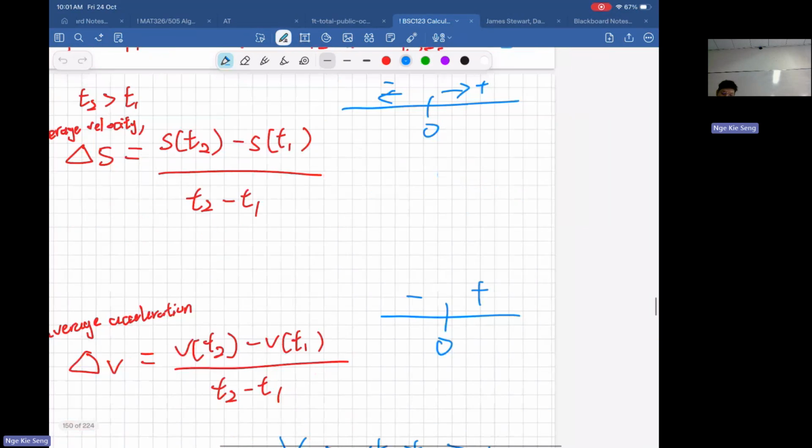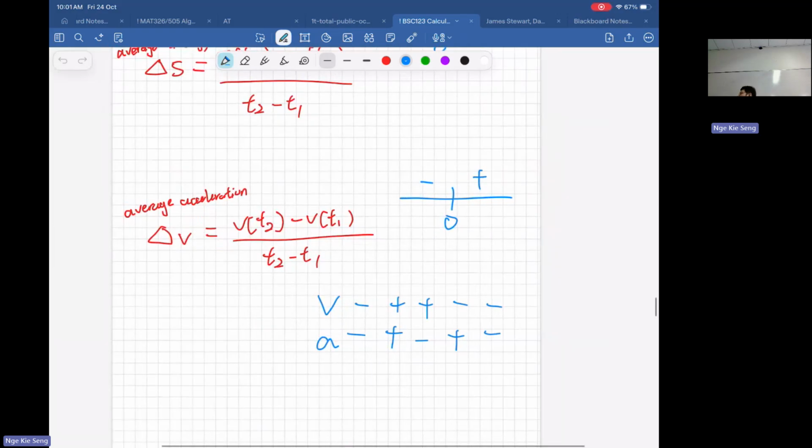So similarly for the acceleration, you take the final velocity minus the initial velocity. If the velocity is positive at that point, and the acceleration is also positive, you are going in the same direction. You move to the right, and then you accelerate.